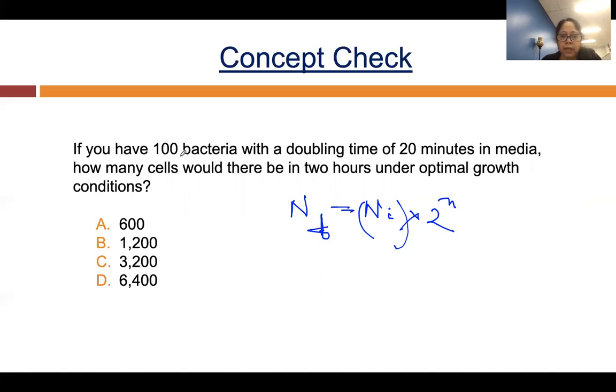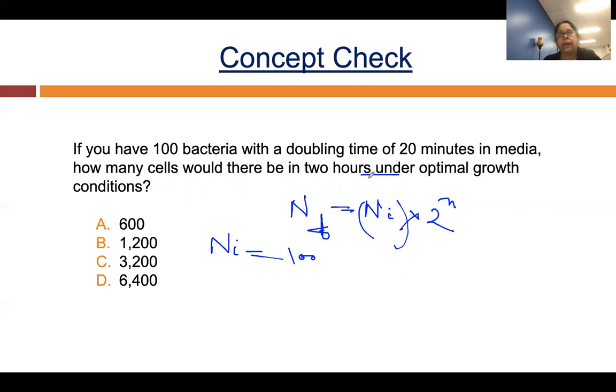So we started with 100 bacteria, so Ni equals 100, with a doubling time of 20 minutes. So basically the generation time is 20. Every 20 minutes they divide in the media. How many cells would there be in 2 hours?